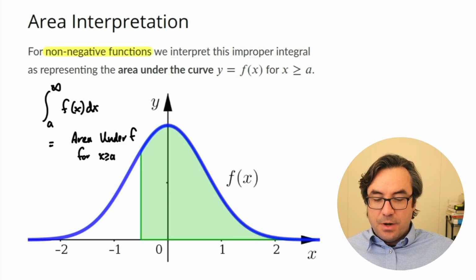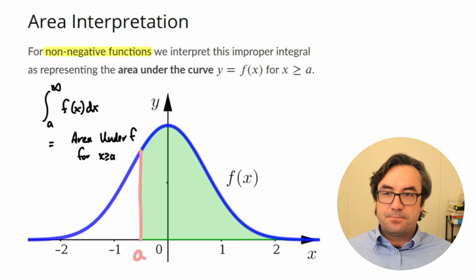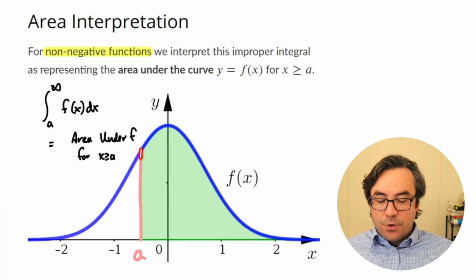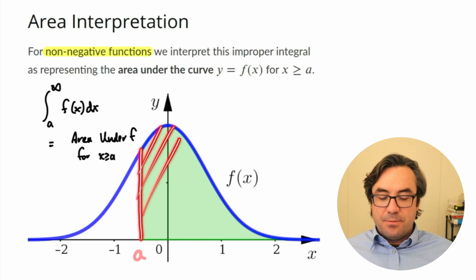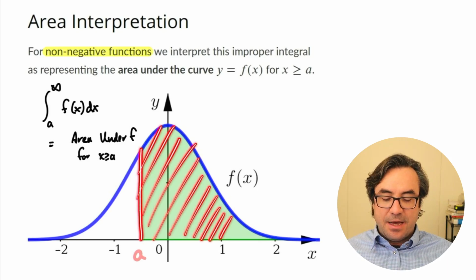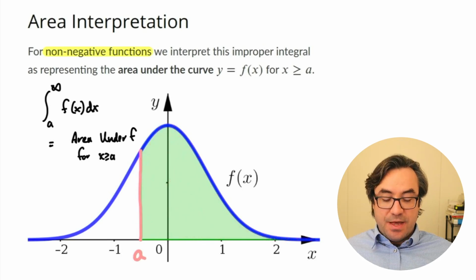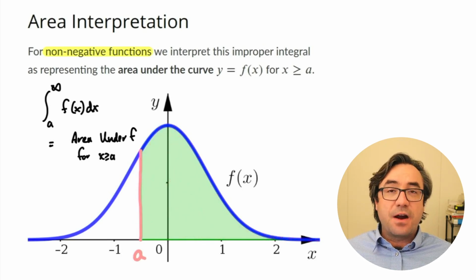So on our little picture here, if we're starting at some number a, the improper integral essentially calculates for us the area of this region that extends infinitely far to the right.